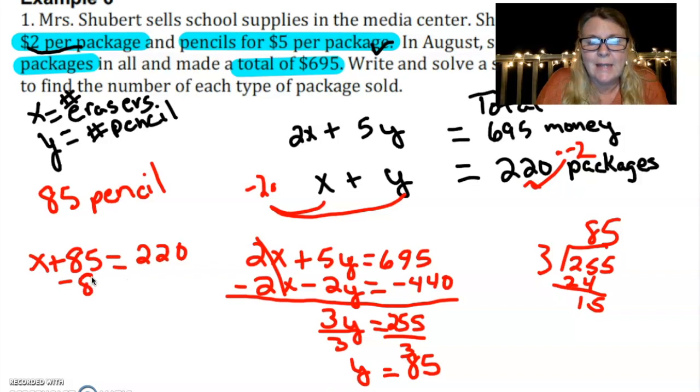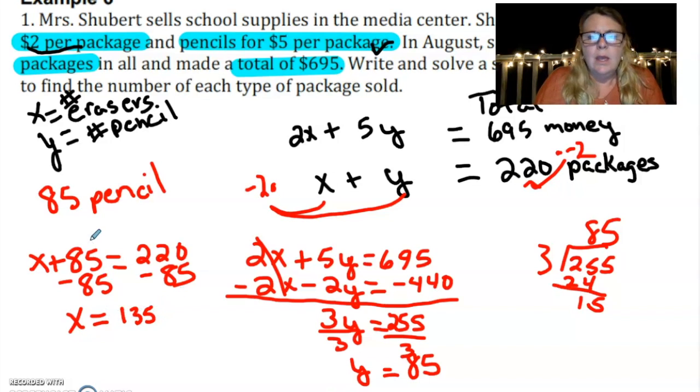So you can subtract 85 from both sides. And so x is going to be equal to 135. So we think then if we have 85 pencils, the x is 135, we think that we should have 135 erasers.